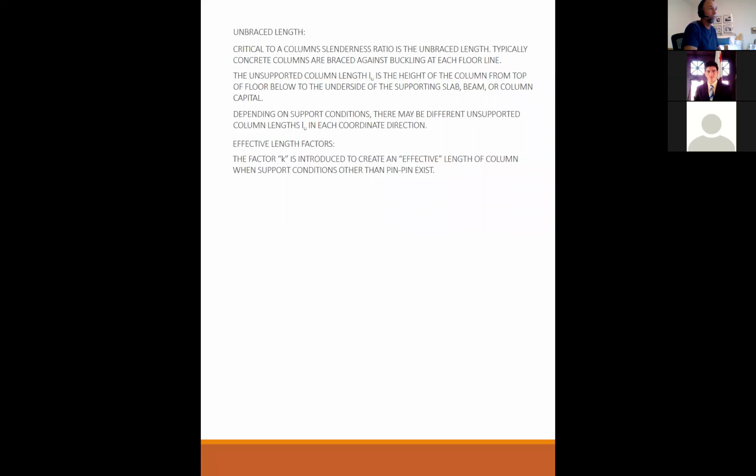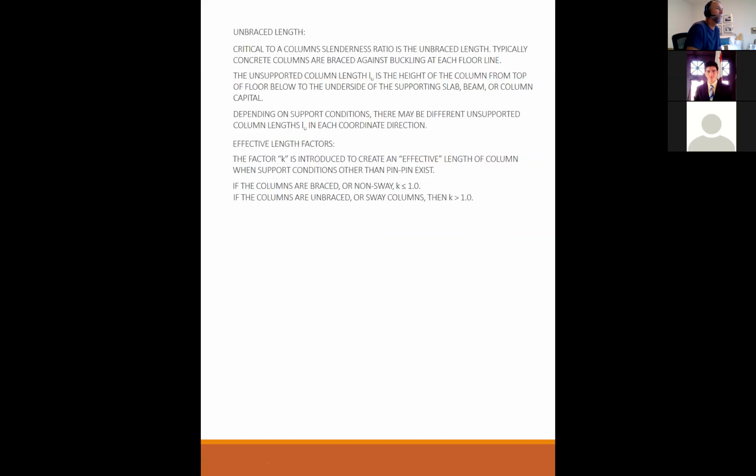And of course, in the real world with cast-in-place concrete, rarely ever do you actually have a pin-pin condition. If the columns are braced or non-sway, K is going to be less than 1.0. If the columns are unbraced or sway columns, then K is going to be greater than 1.0.